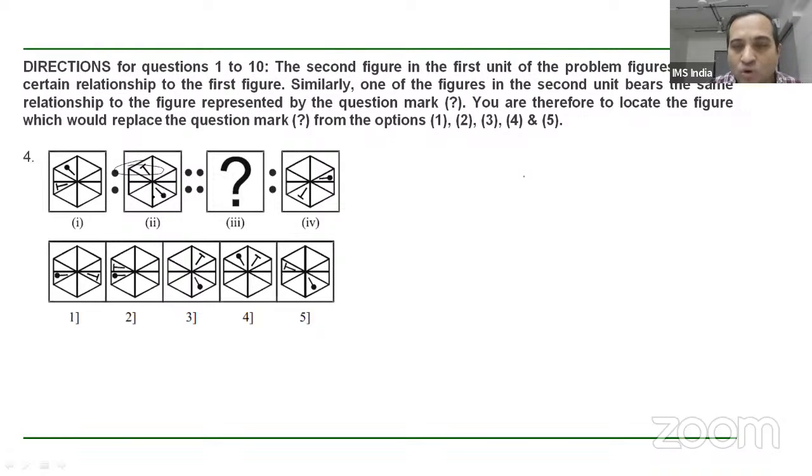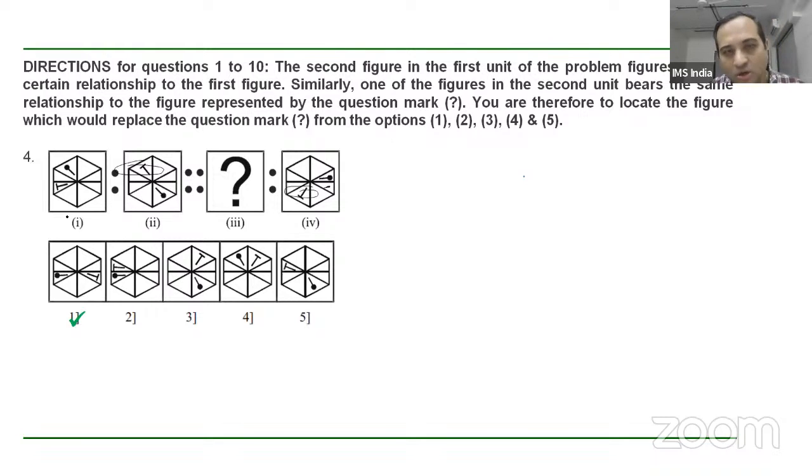So if I move this T two blocks anti-clockwise, can I say the T should be in this block? Correct. And if you check, there is only one option, which is option number 1, where my T is. So that helps in solving the question. Always remember, method of elimination is the best thing to do.